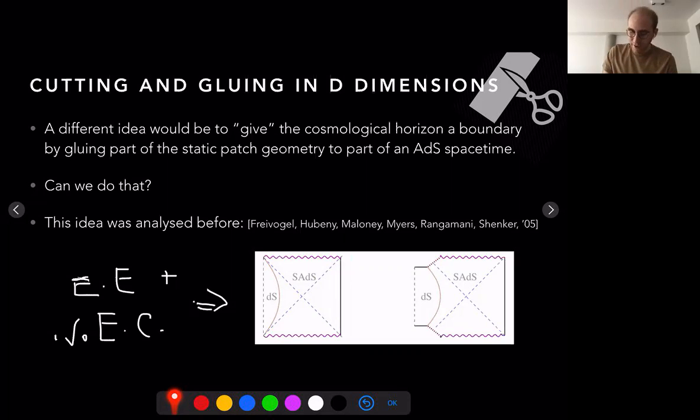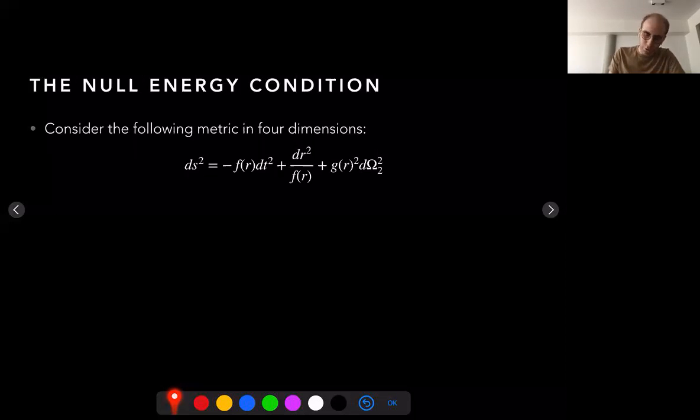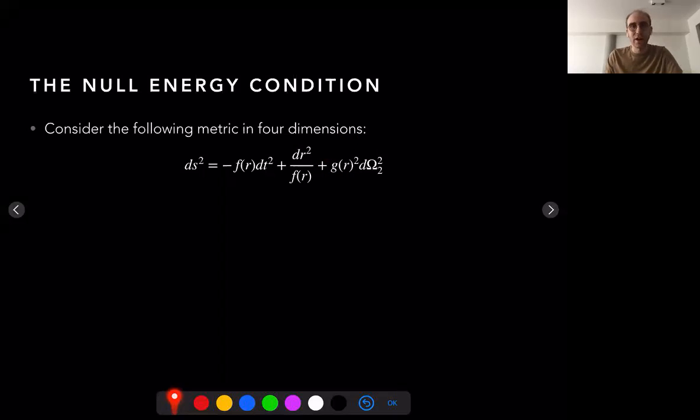So let me revise the null energy condition for you, because it will be important for us. So let's start in 4 dimensions. We put this ansatz for our metric. It will be described by 2 functions, f of r and g of r. g of r will give the size of the compact two-sphere, and this f of r will be the usual f of r factor.